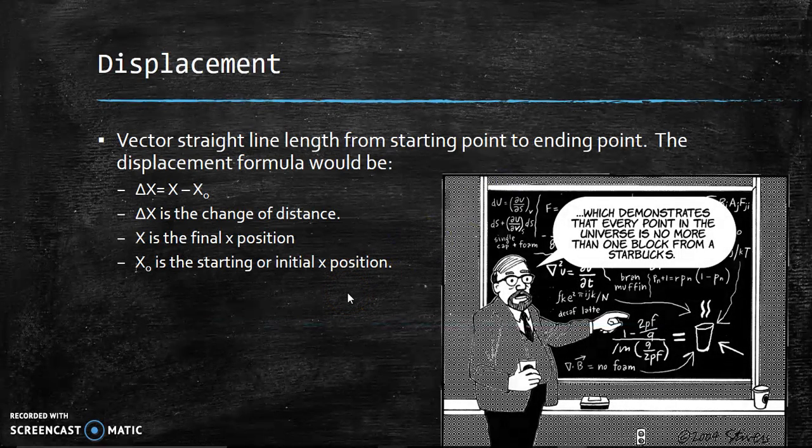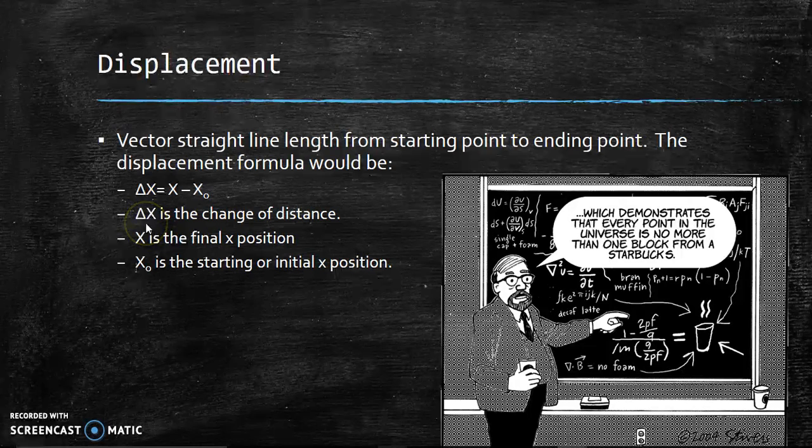So first of all, before I get into the example problems, I want to go over the definition for displacement. Displacement is basically a vector straight line length from a starting point to an ending point. And remember that the displacement formula is the change of x equals x minus x naught. Let's talk about these variables for a second.